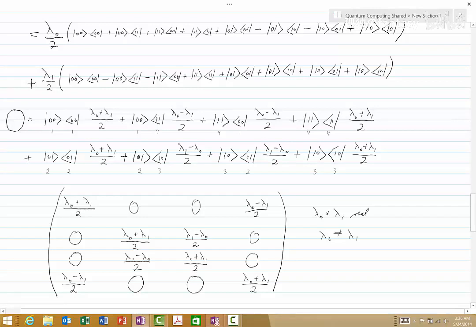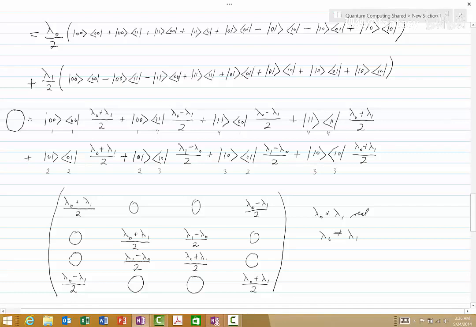What we mean is this. The 0, 0, 0, 0 operator gives us a 1 in the 1, 1 entry of the matrix and a 0 everywhere else. The 0, 0, 1, 1 term gives us a 1 in the 1, 4 entry.